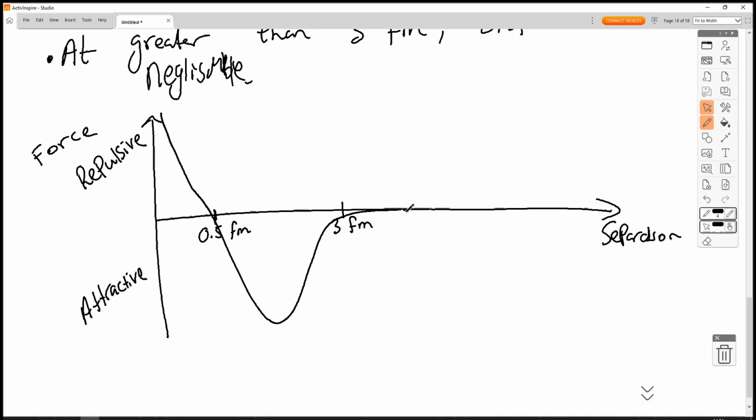And then you can see the kind of shape that it creates. It tries to keep it within this zone. Yes? 10 to the minus 15. So 1 femtometer is 10 to the minus 15 meters.